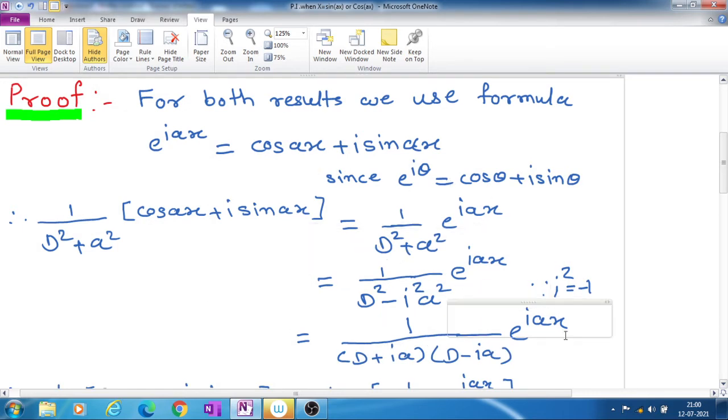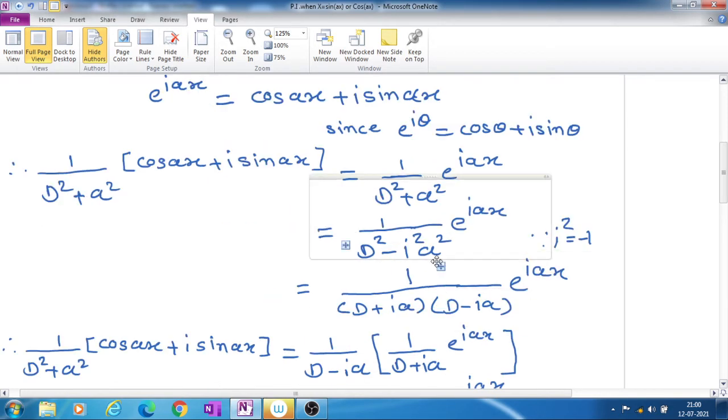Now we can find the value of this, 1 upon d square plus a square e raised to iax. So for that we have to factorize this d square plus a square. So d square plus a square can be written as d square minus i square into a square.